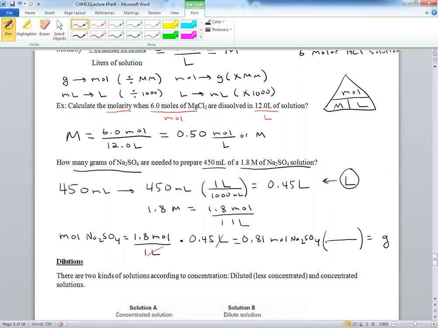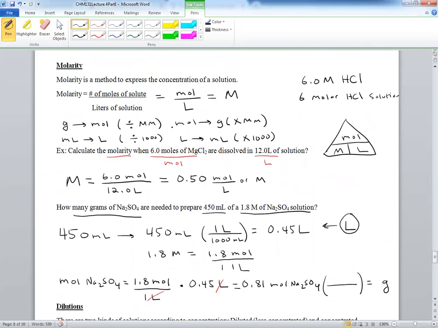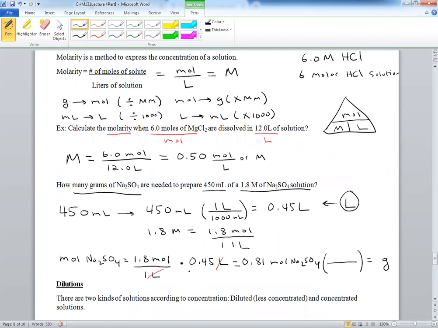Remember, if we need to go from moles to grams, we multiply by the molar mass. So I'm going to write down the molar mass of Na2SO4, which is 142.05 grams per mole. So that's 1 mole, and that's 142.05 grams.